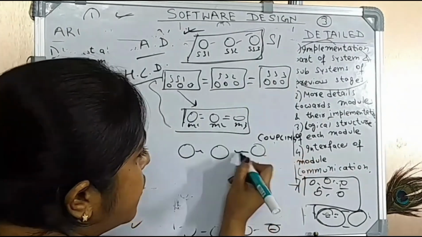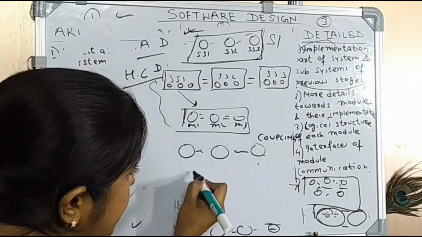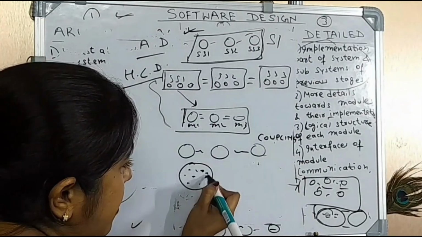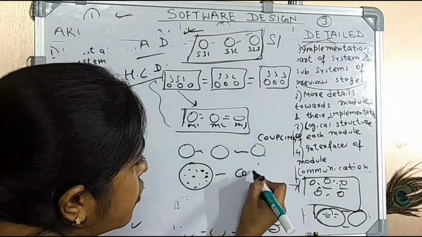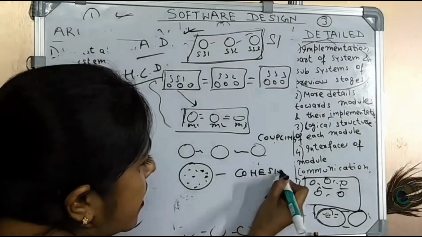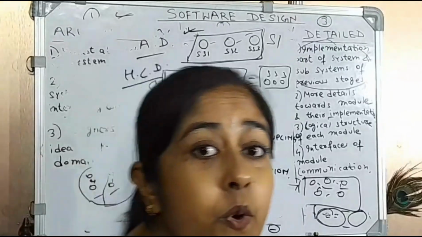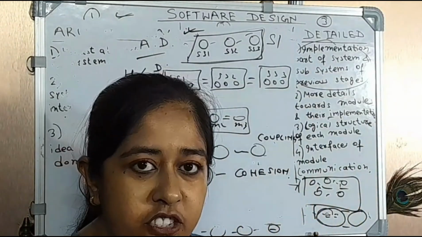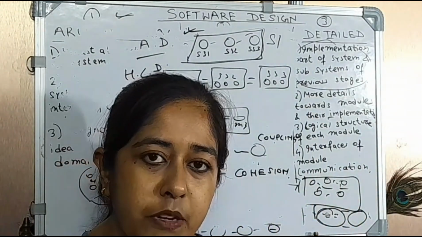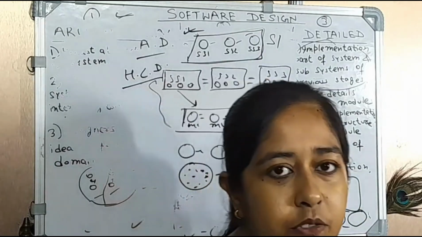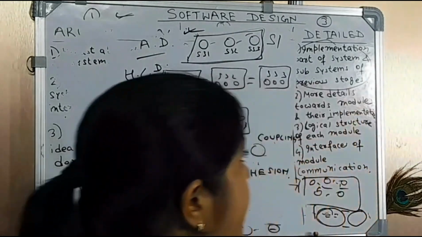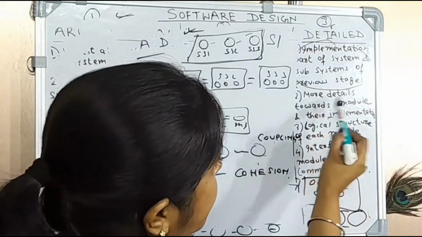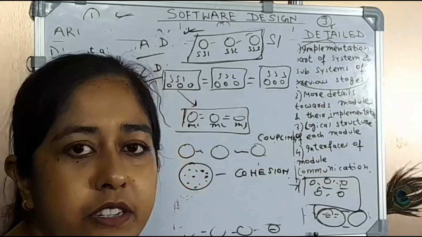This is the interaction between modules, and in these particular modules some components are also there. Interaction between these is known as cohesion. This is more detail about the modules and the interaction between them, at the detailed level, more details towards the modules and their implementation.